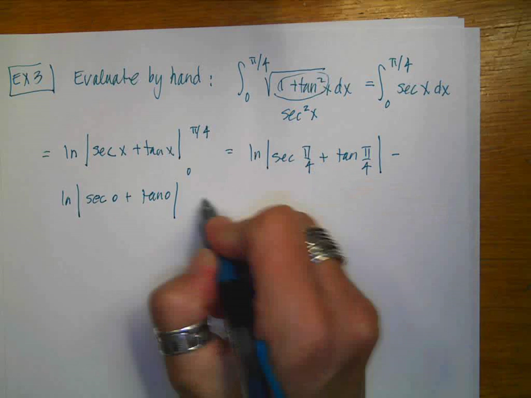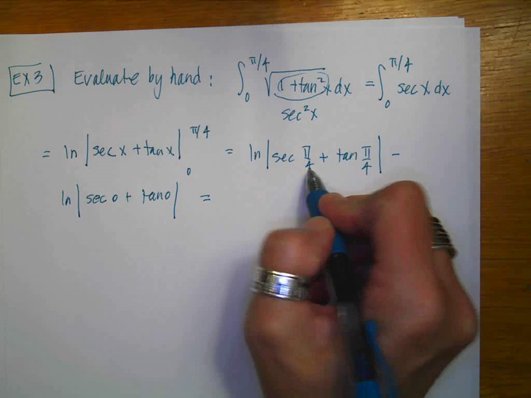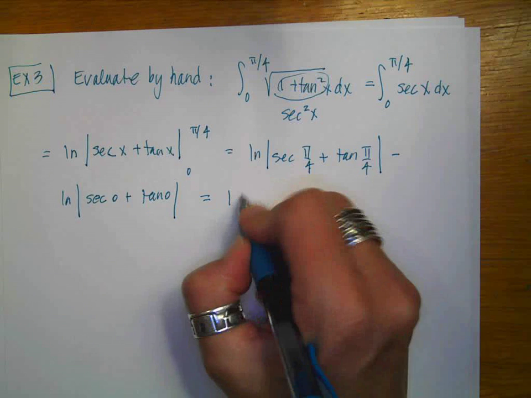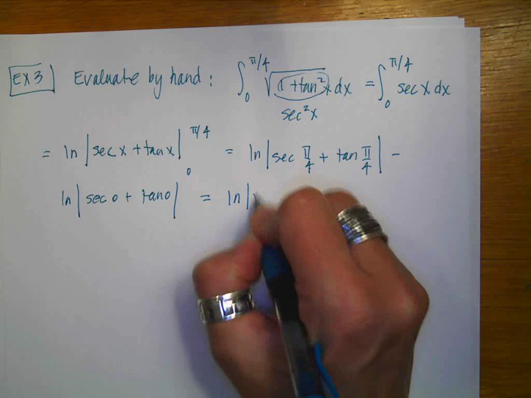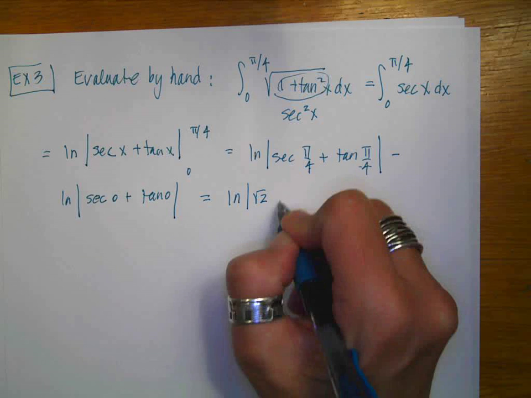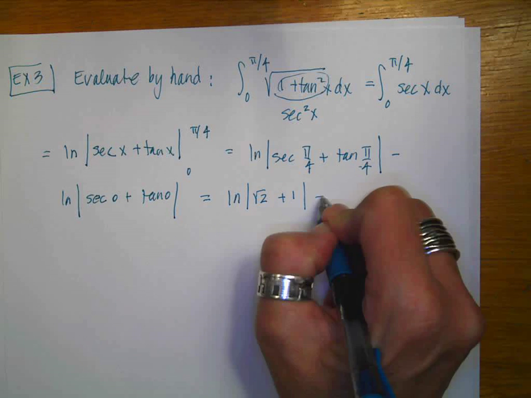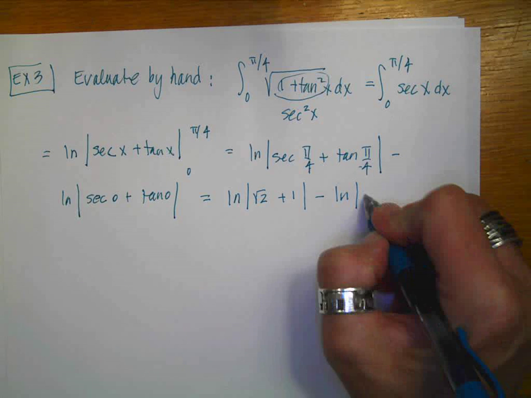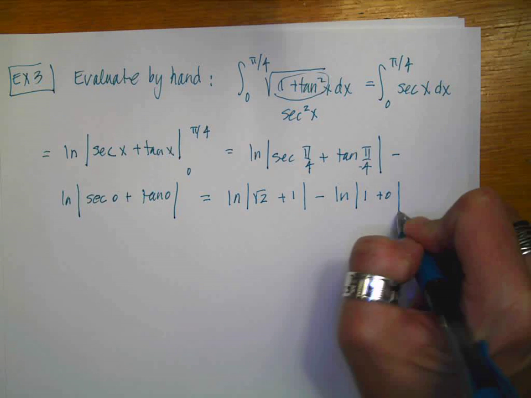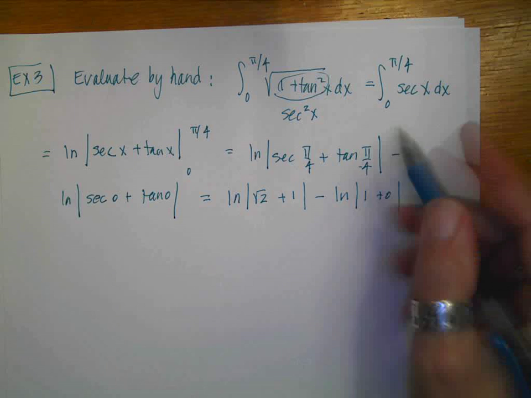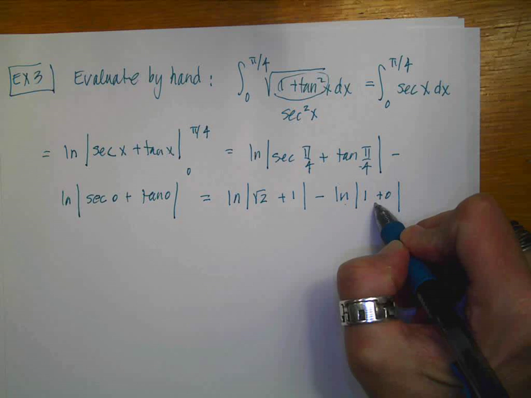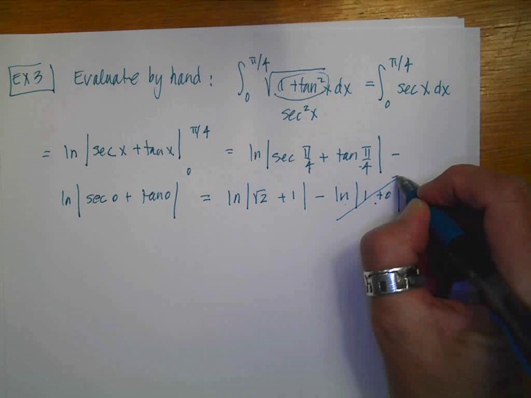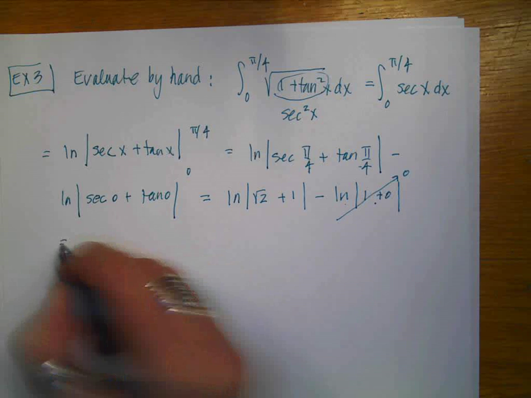Okay? So if we do all this math, the secant of pi over 4 is radical 2, and then the tangent of pi over 4 is 1, so we have the natural log of radical 2 plus 1, minus the natural log of the secant of 0, which is 1, plus 0. Okay? So then this piece is the natural log of 1, and the natural log of 1 is 0.